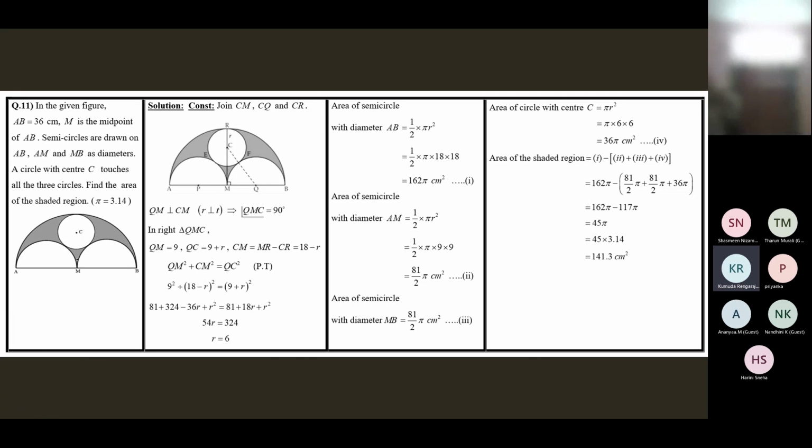We already have C and M. So you should take a point R such that M, C, and R are collinear. You join MC like this, and when you produce it, where it touches, that is R.